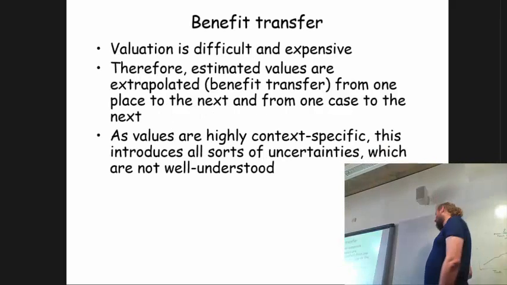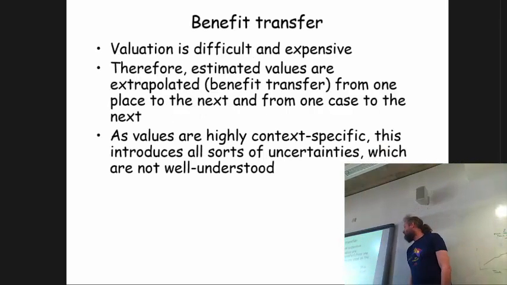There's another important aspect about valuation methods that is particularly relevant for climate change, and that is that primary valuation studies are expensive. So your standard travel cost study, your standard hedonic pricing study would easily keep a junior researcher occupied for a year.